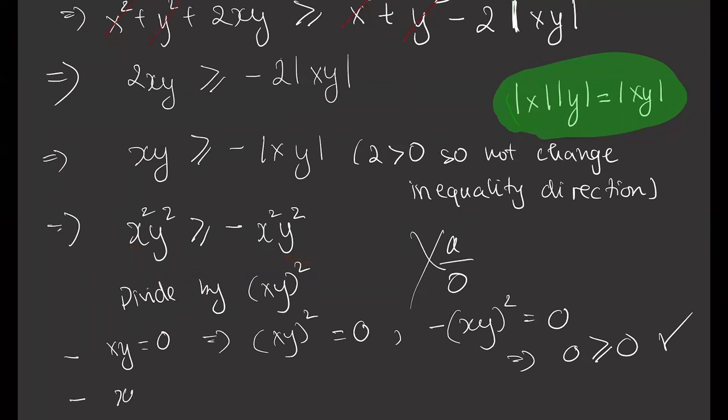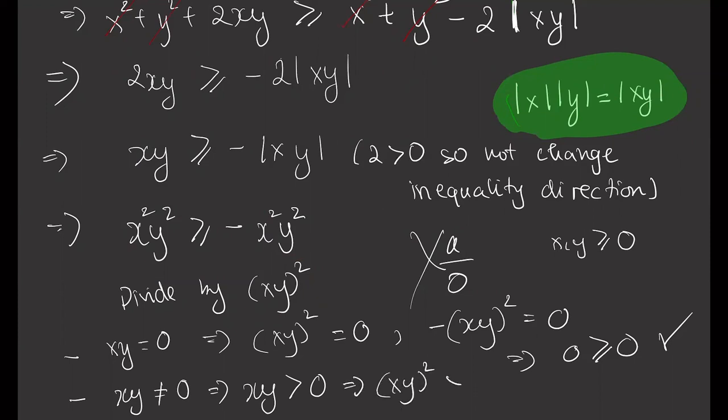If xy is different from 0, then we know xy is positive, right? Because both x and y are greater than or equal to 0. If they are not equal to 0, they have to be greater than 0, right? And in this case, xy squared is greater than 0.